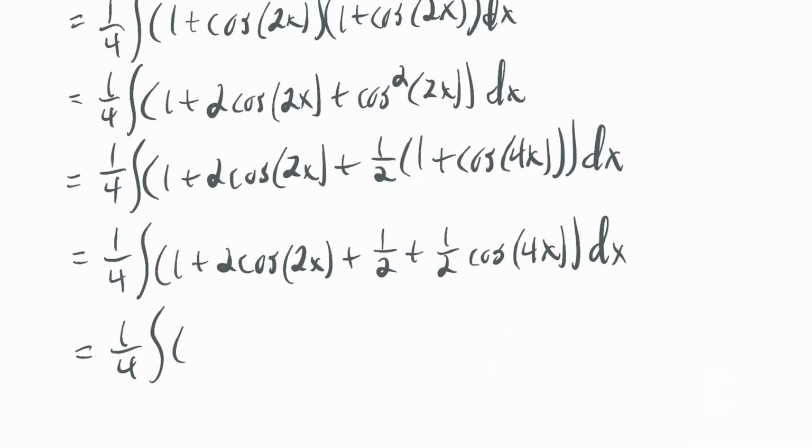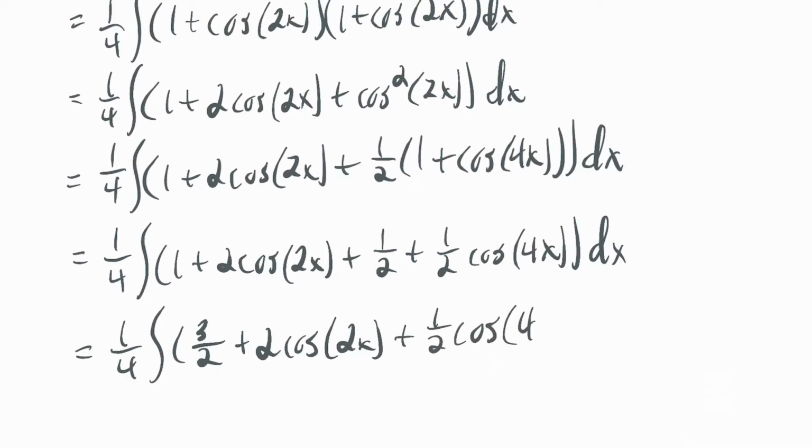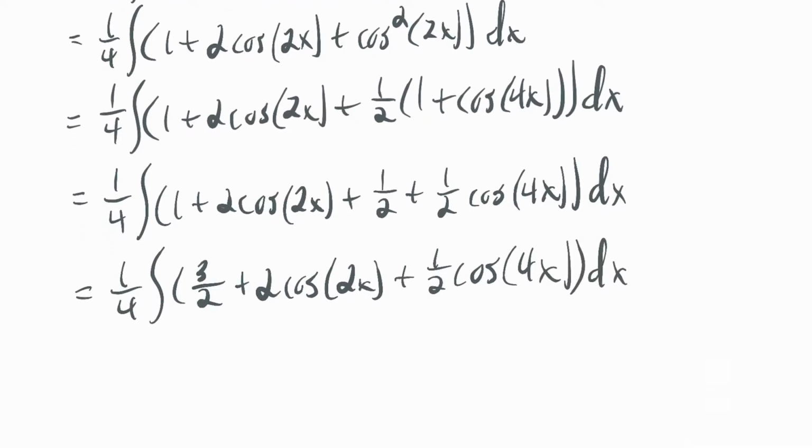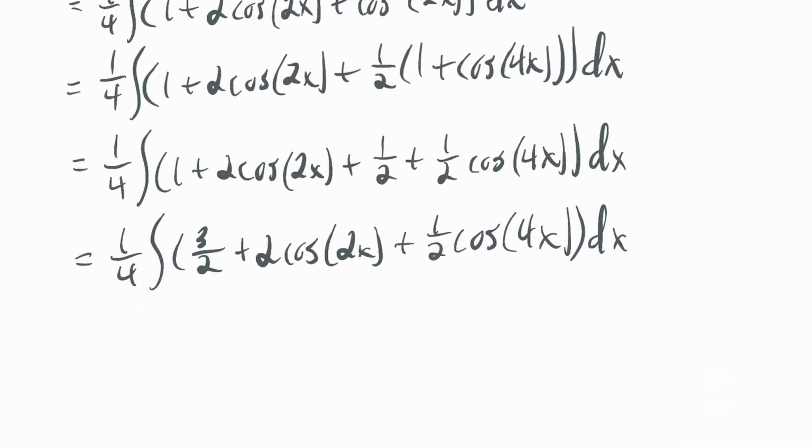Okay, so 3/2 plus 2 cosine 2x plus 1/2 cosine 4x dx.